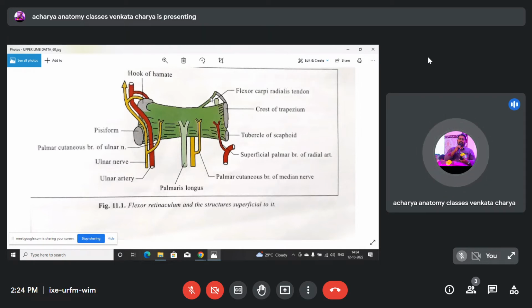So this superficial branch runs deep to the flexor retinaculum, otherwise superficial to the flexor retinaculum. Okay.